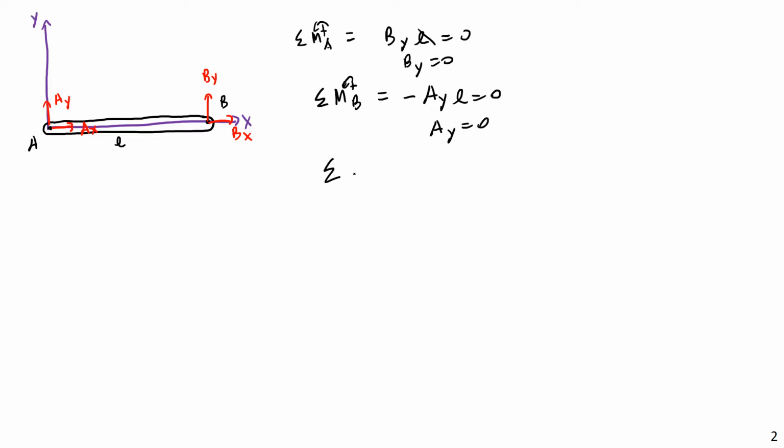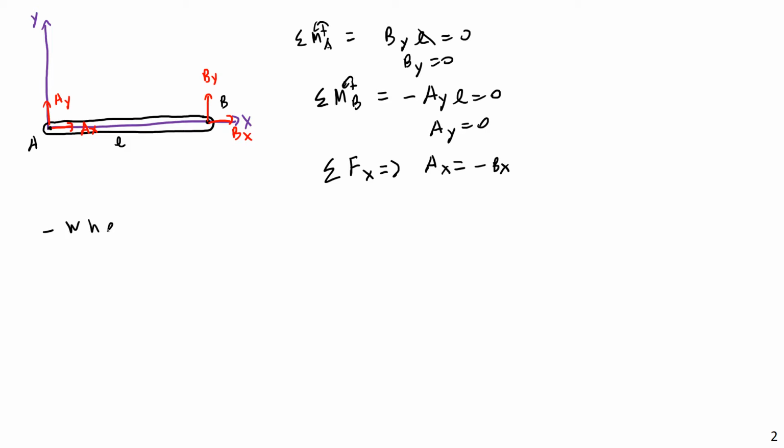And then if I do a sum of forces in the x direction, the local x direction here, that would inevitably lead us to that AX must be equal to negative BX. So even though I didn't initially restrict us to having only 2 forces, we can see that this basically collapses down to a 2-force body.